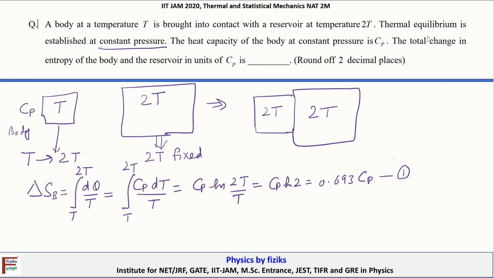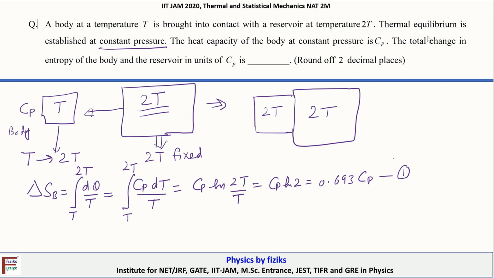Now we have to evaluate the entropy change for the reservoir. But for calculating the entropy change for the reservoir, first we need to know the energy exchanged by the reservoir when it came into contact with the body. In this case, the heat is given by the reservoir, but that process is taking place at constant temperature. It's giving heat to the body, but its temperature is not changing.